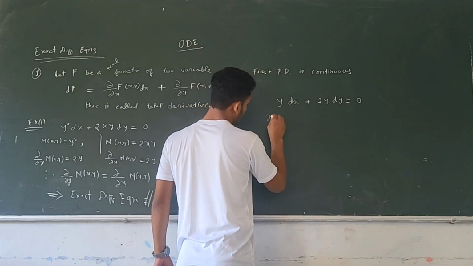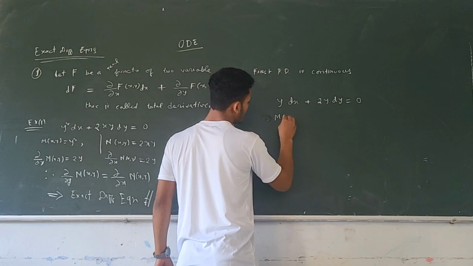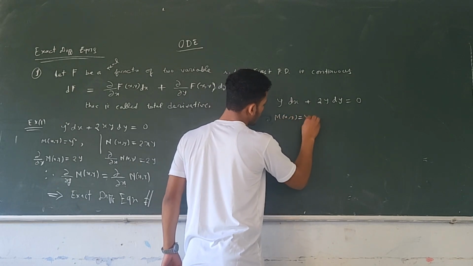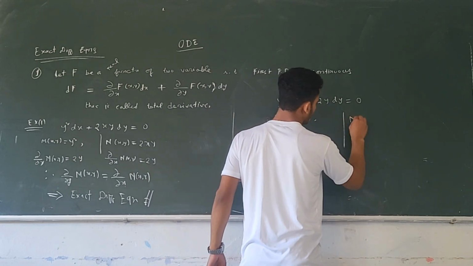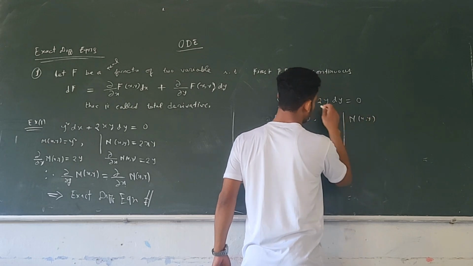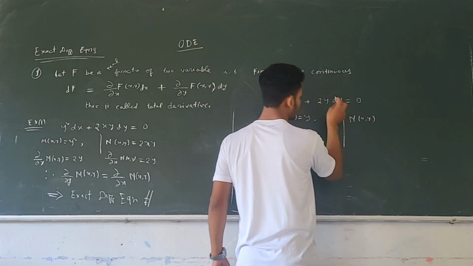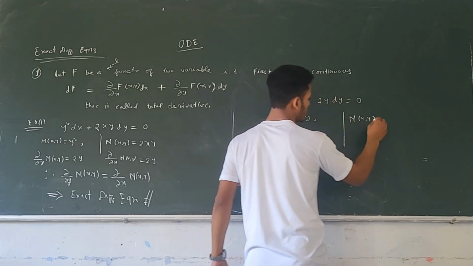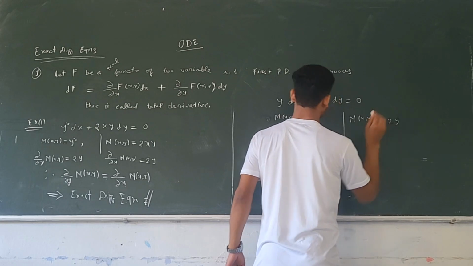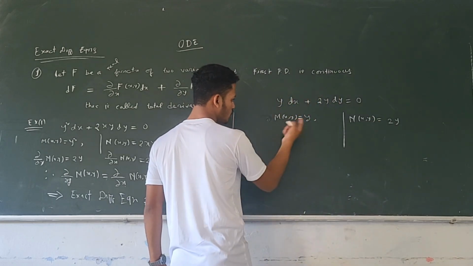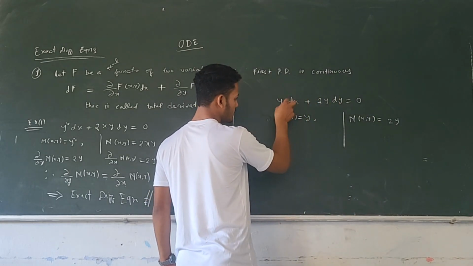Check. This is M(x,y), and what is N(x,y)? This is the second part, which is the coefficient of dy, so that is 2x.